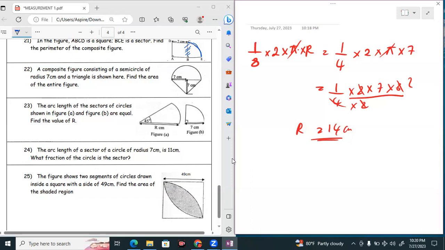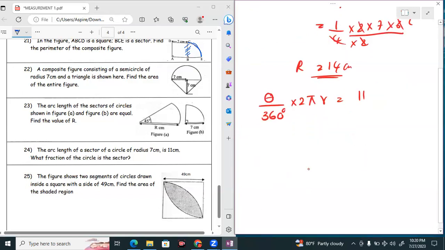The arc length of a sector of a circle is 11 centimeters. That means theta upon 360 into 25 R is equal to 11.